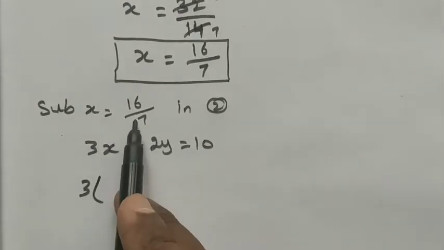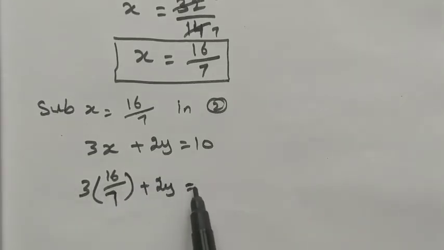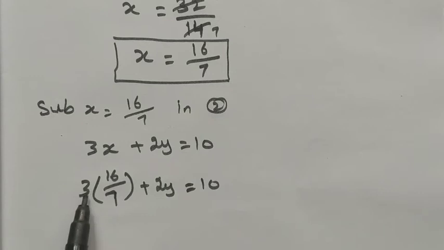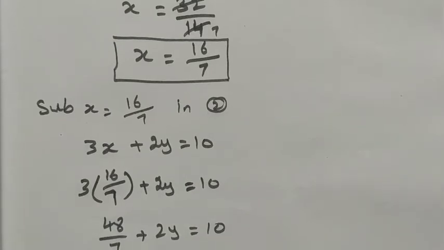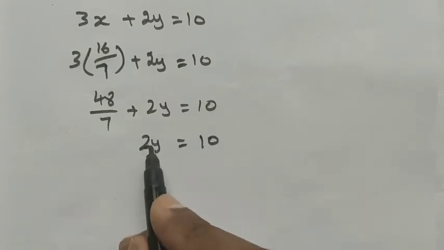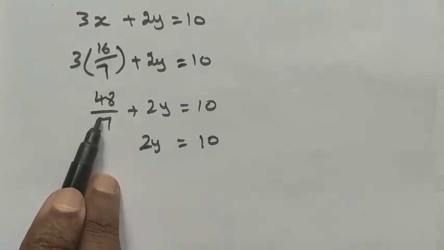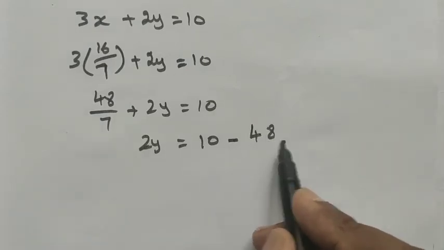So 3 times 16 divided by 7 plus 2y is equal to 10. 3 into 16 is 48 divided by 7 plus 2y is equal to 10. I take this 48 divided by 7 to the other side, so 2y is equal to 10 minus 48 divided by 7.